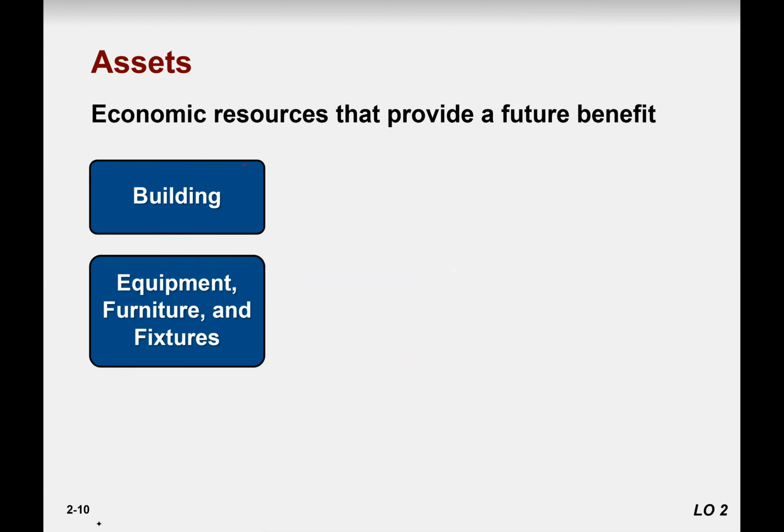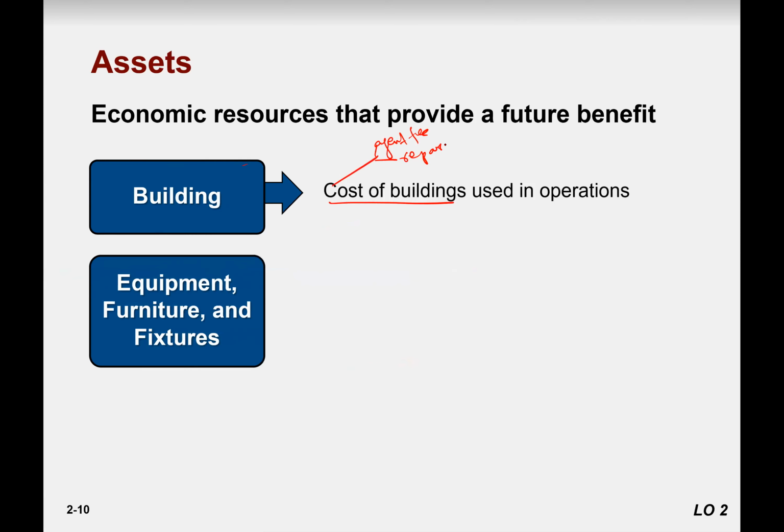And the building, similarly, cost of building, right? If you are acquiring a building, all those agent fees that you paid, right? Any kind of repair and maintenance before you actually move into this building, so you make it ready for your business.